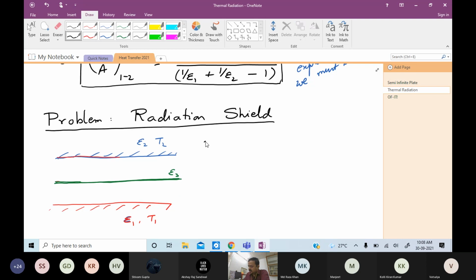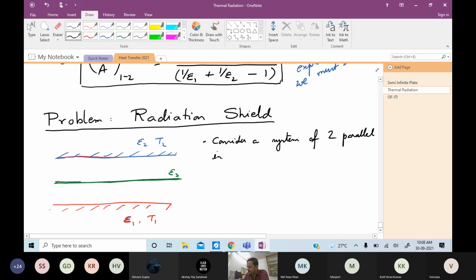So consider a system of two parallel infinite plates.